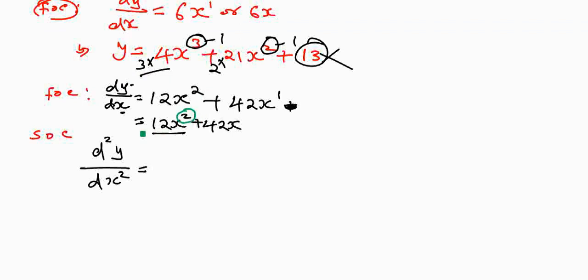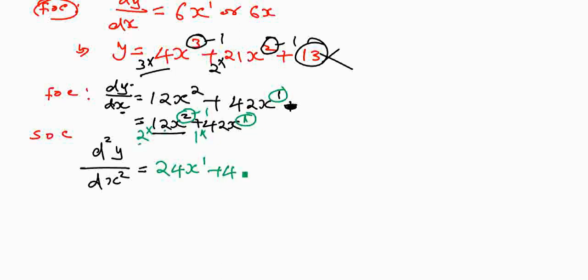So this 2 we bring here at the back, times 2. So 2 times 12 will give us 24. So that is 24x. That 2 minus 1, so 2 minus 1 will give us 1. Plus 42x. We say 42x is like 42x power 1. So 42x power 1, that 1 we bring here and multiply with that 42.